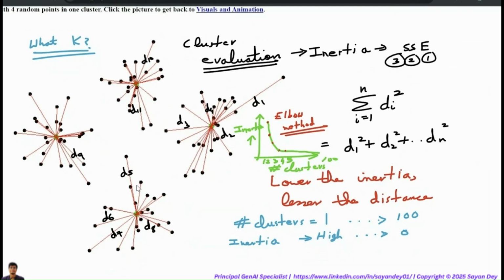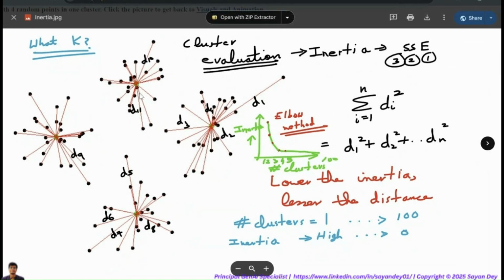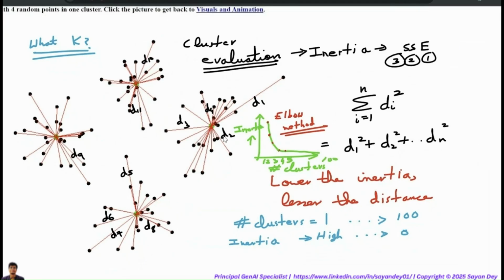When you do clusters equal to 4, behind the scenes you are able to find out the centroids. Now that you did the clustering, you want to find out the inertia of the model. What is the overall inertia of the clustering model? That is what you want to find out.